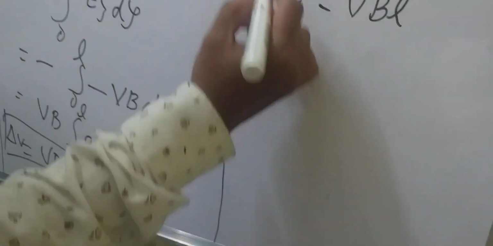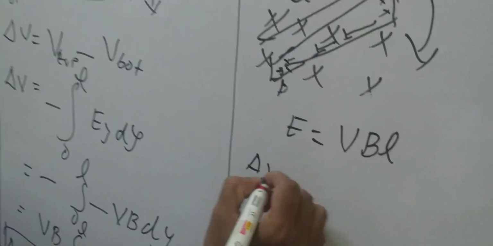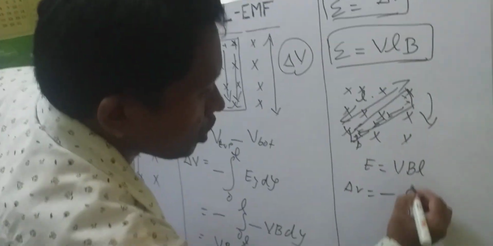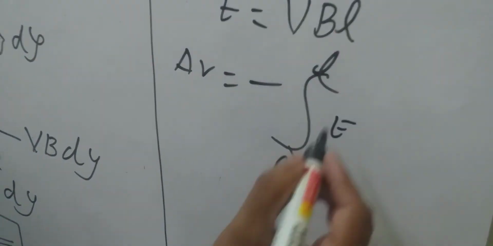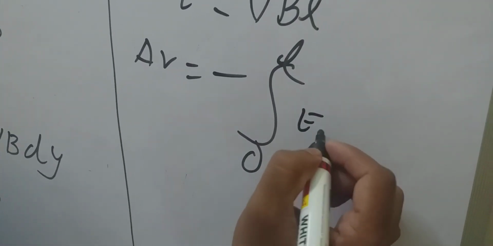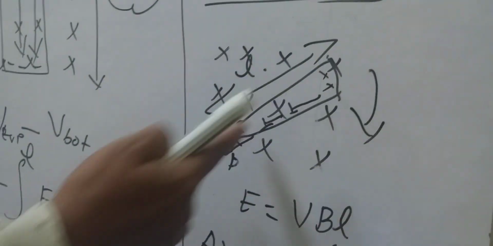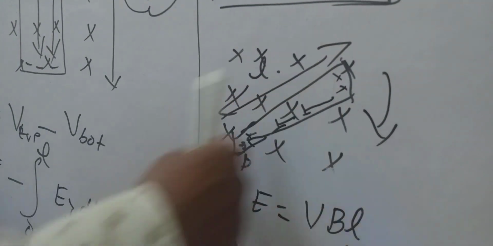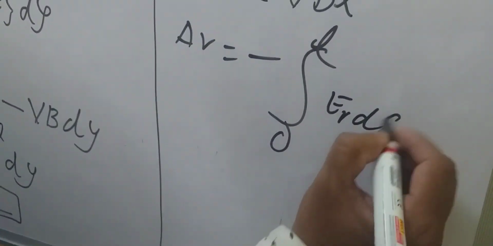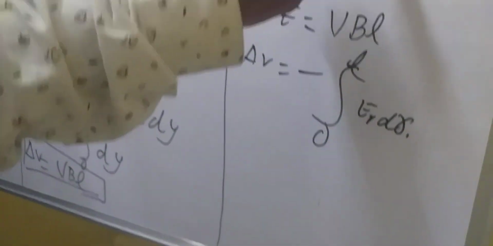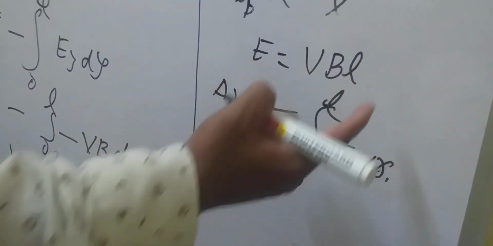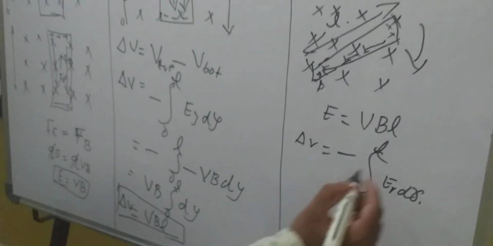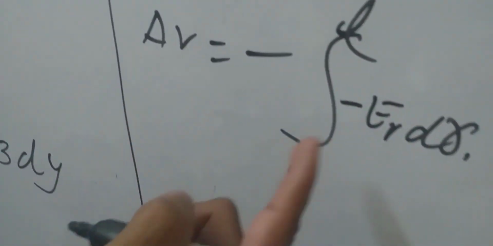So the potential difference del V is equal to minus the integration from 0 to L of the electric field E dr. The electric field is acting towards the radial center, so E_r dr, with E equal to VB. Minus into minus gives plus.